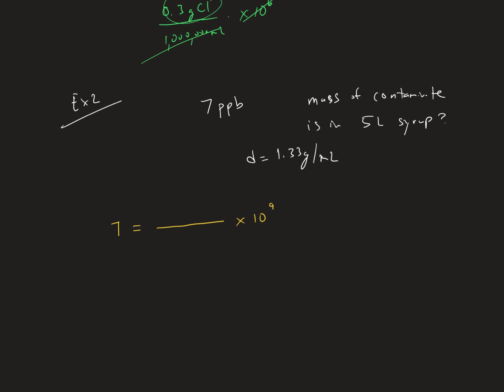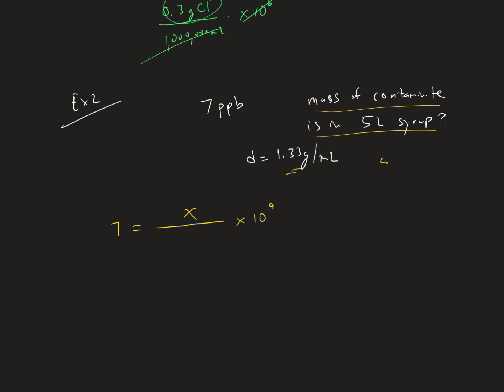We're just using the formula. 7 grams over 1 billion. So this is going to be mass of contaminant. We don't know what that is. Over volume, but it should be measured in grams, because this isn't a water solution.